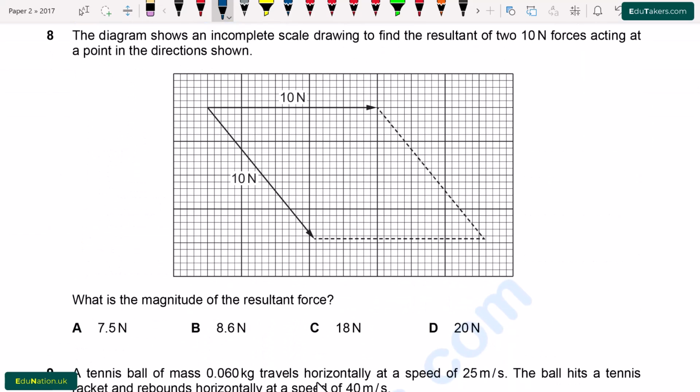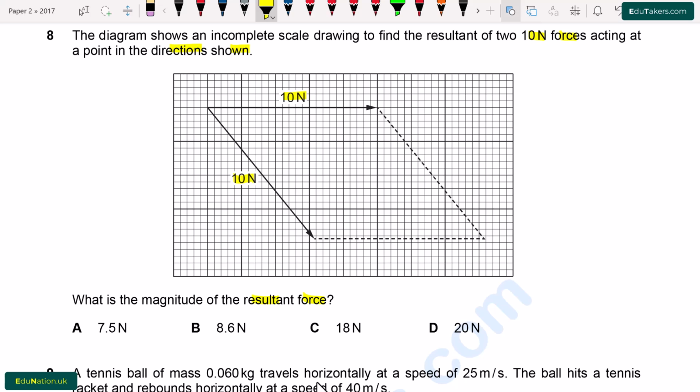Question number 8. The diagram shows an incomplete scale drawing to find the resultant of two forces, 10 Newton force acting at a point in the direction shown. What is the magnitude of the resultant force? So here we have to find out the magnitude of the resultant force. There are two forces, 10 Newton and 10 Newton. First of all, we have to draw the resultant, which is the diagonal line.